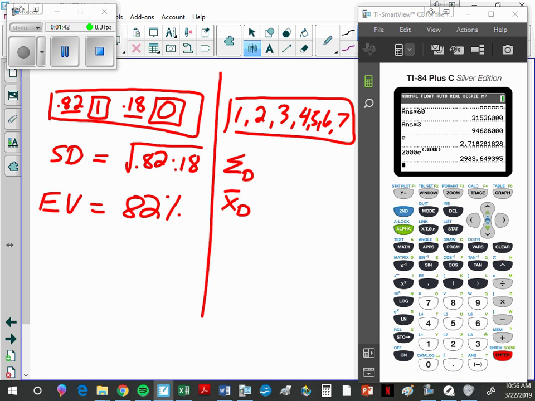The sum of the draws is simply the average of the box times the number of draws. So the average of this is 4. If I do 100 draws, then I times that by 100, and the sum of the draws is expected to be 400. What is the expected value for the average of the draws? It's just 4.